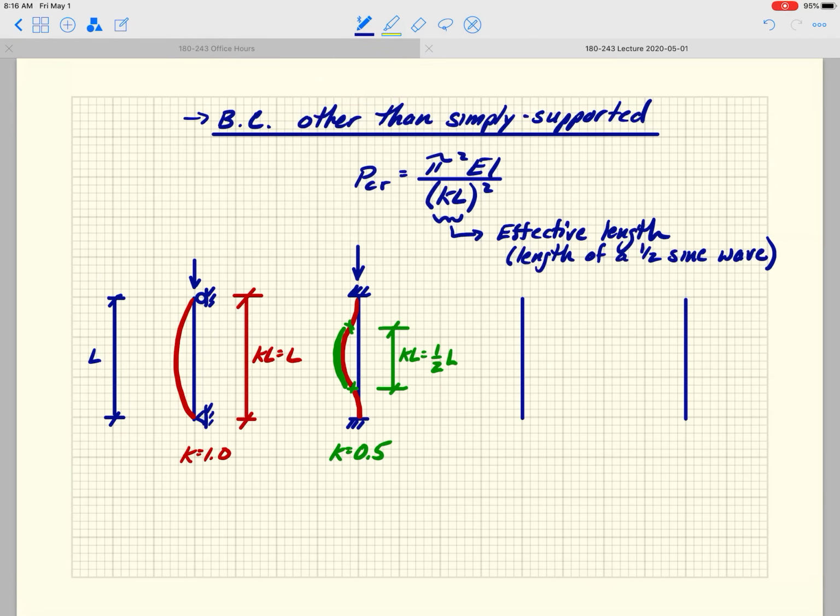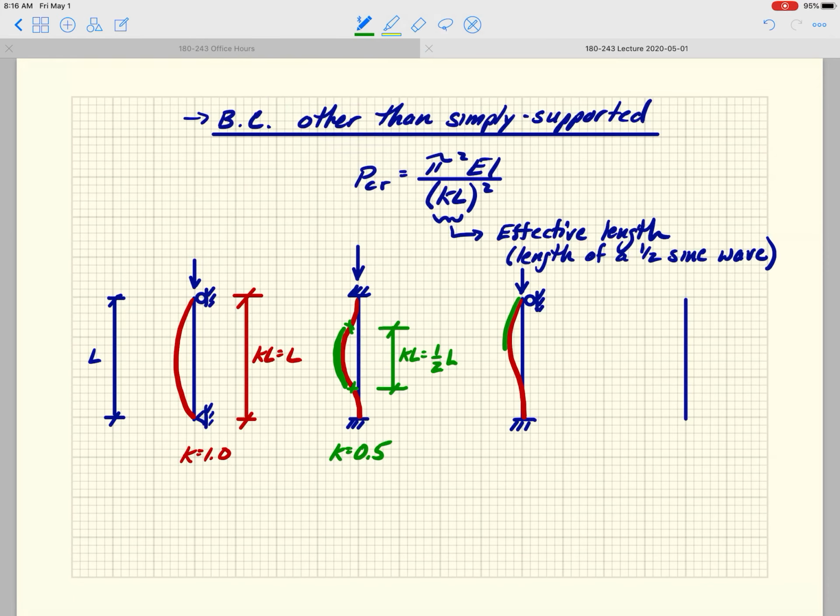So the next one that we're going to do looks like this. Then it has a fixed support here, and so this buckled shape looks something like that.